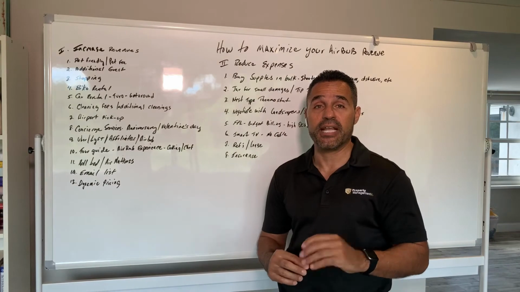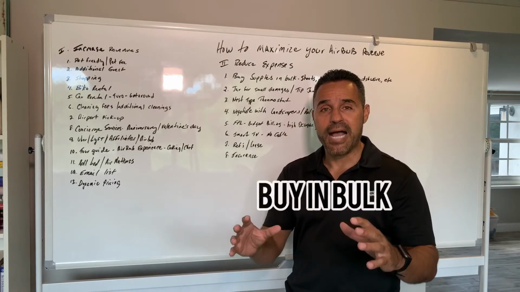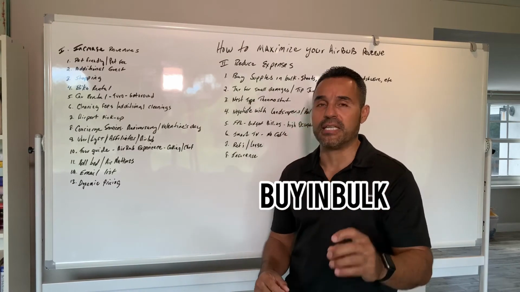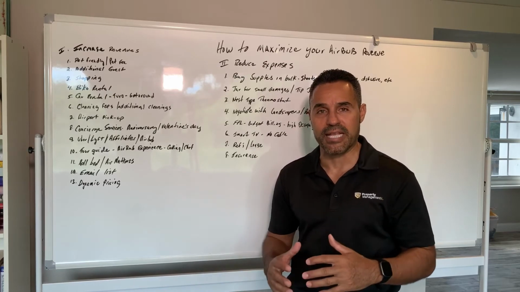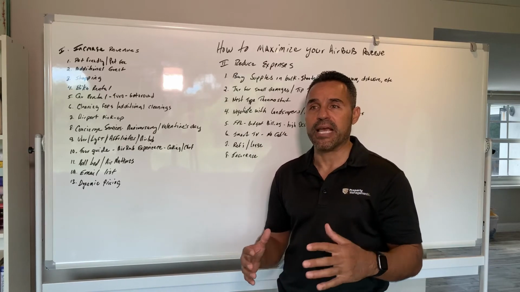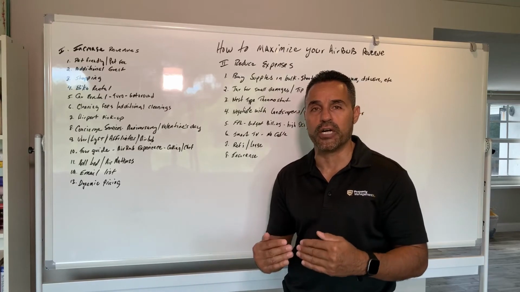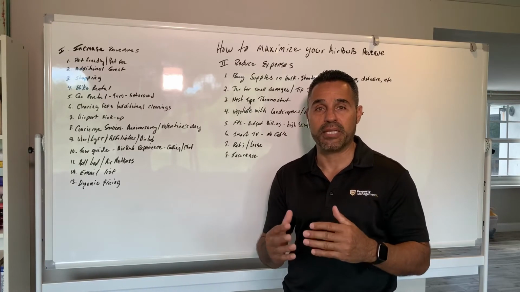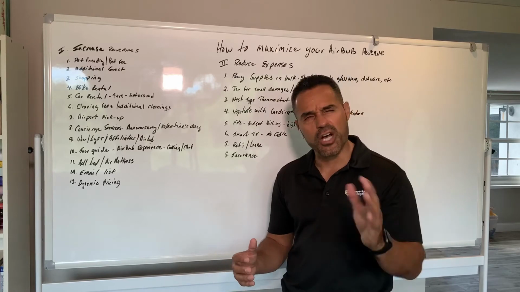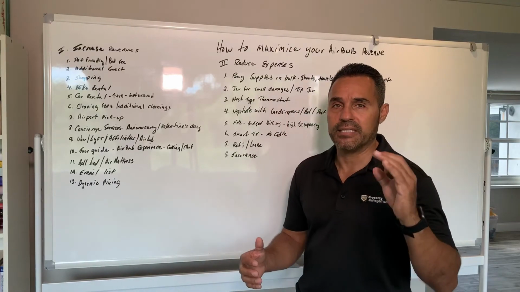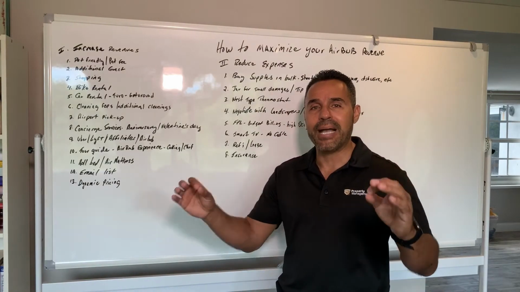And touching again on expenses, right? Buy in bulk, especially if you have multiple properties like I do. Find a company like, I'm in South Florida, we use Alliance. I think it's a very good supply company that you can buy in bulk from. There's others like Cheney Brothers, but the point is buy in bulk.